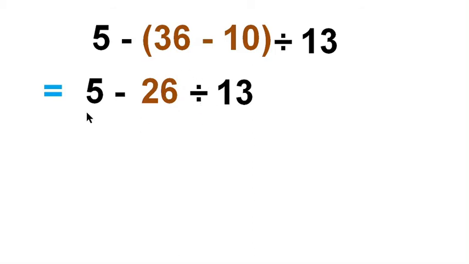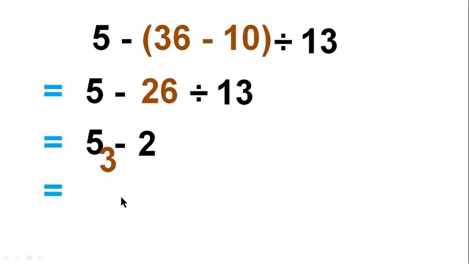So here we will write down 5 minus, and now we will divide. If we divide 26 by 13, our quotient will be 2. 13 2s are 26. Now if we subtract, our difference will be 3, and this 3 is the answer of this simplification.